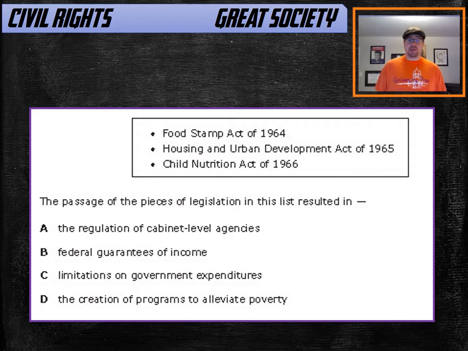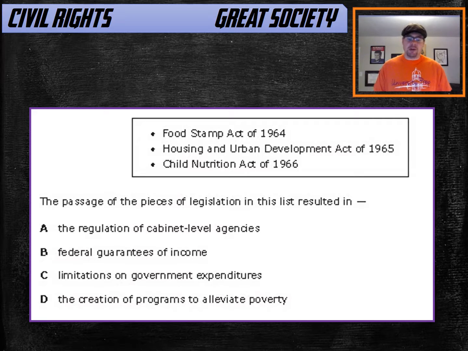It created, for instance, Medicare and Medicaid, which we still have today. It created the Department of Housing and Urban Development, which is a cabinet-level post that we still have today. You see that on the question in front of you. You see a few of these things put out there, and it's asking, the passage of this legislation resulted in what?